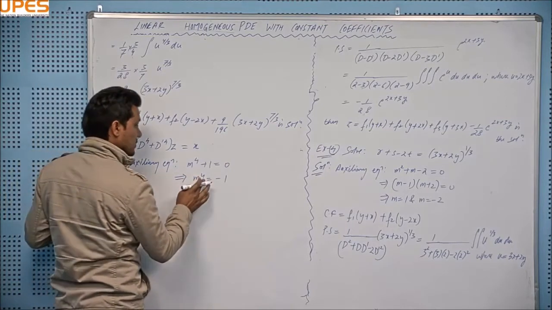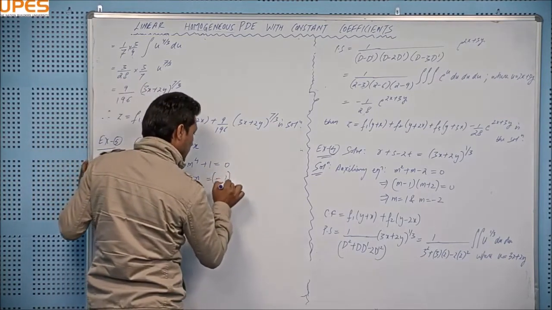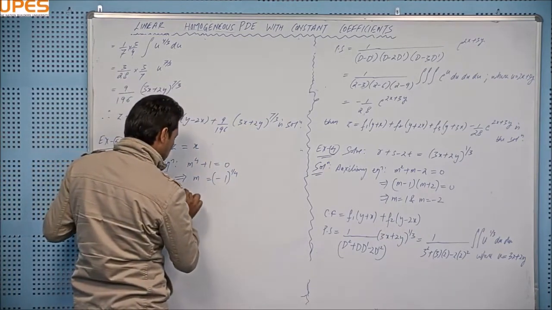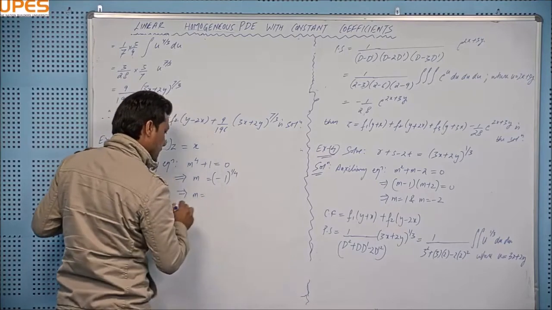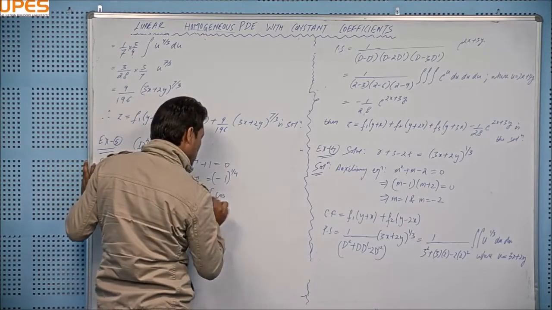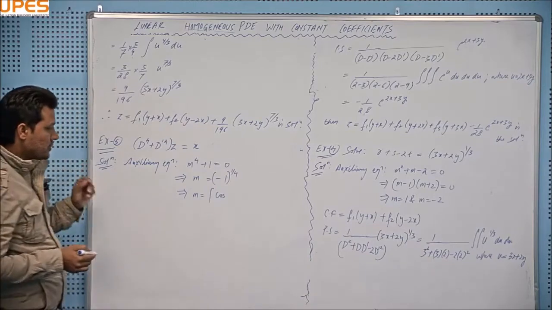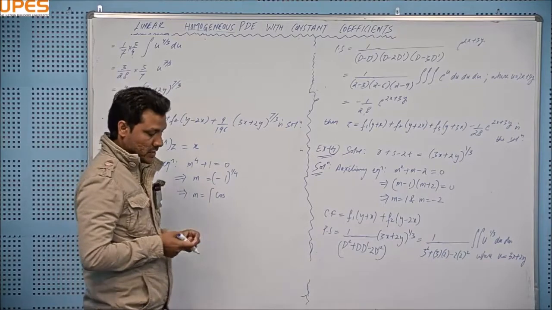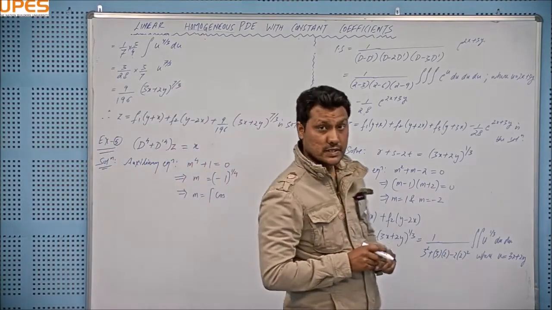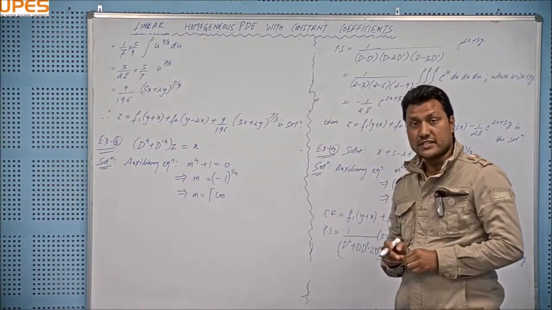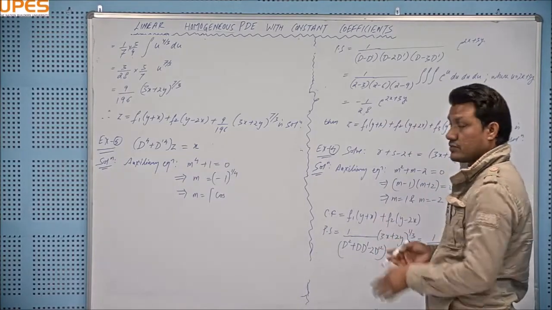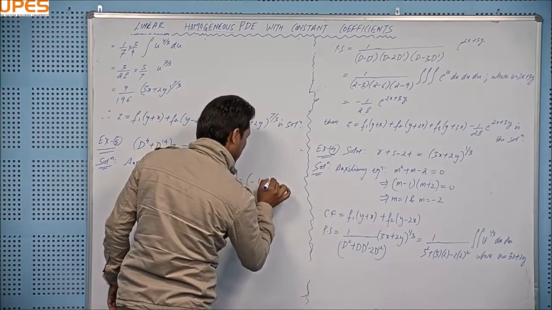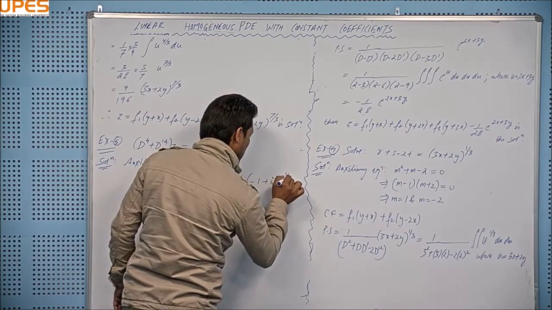Okay, and if I take this 4 as 1 by 4 here, that will give me m is equal to minus 1 written in terms of cos and sine. Minus 1 can be written as minus 1 plus iota times 0, all to the power 1 by 4.